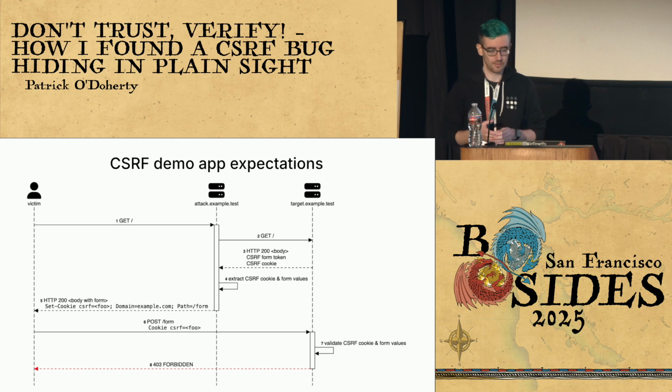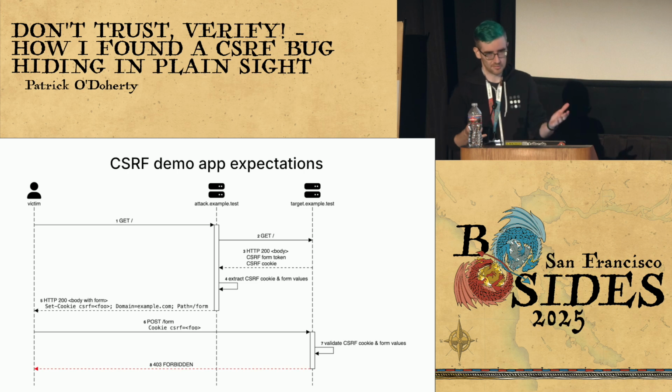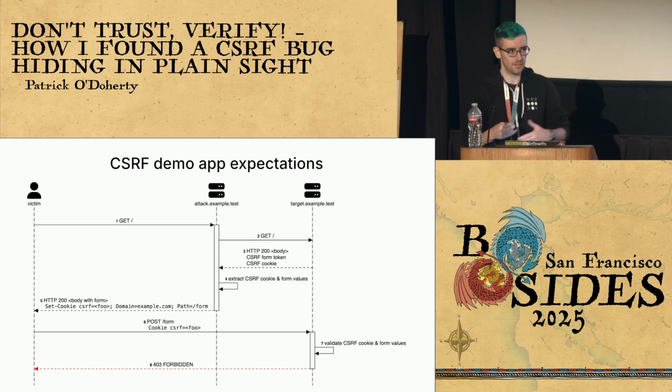And this is important because it takes advantage of two peculiarities of how browsers will send cookies, how they'll choose to order cookies when they're sending to their target destination. And the first is that they'll choose path specificity first over domain specificity. So it's perfectly fine here to fixate on this more narrow form path, and that will clobber any token that was set by a previous CSRF framework.